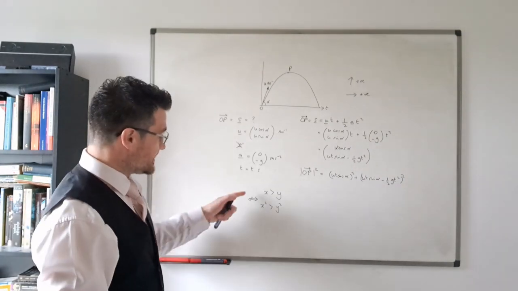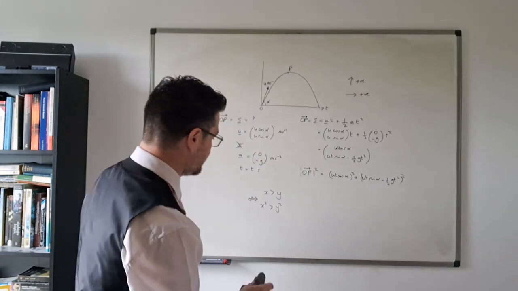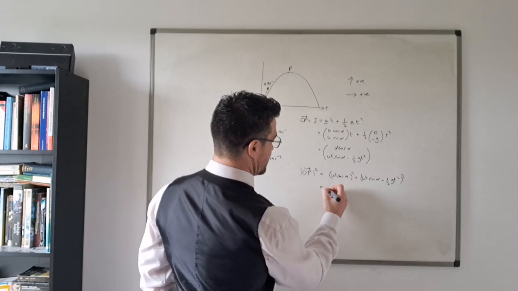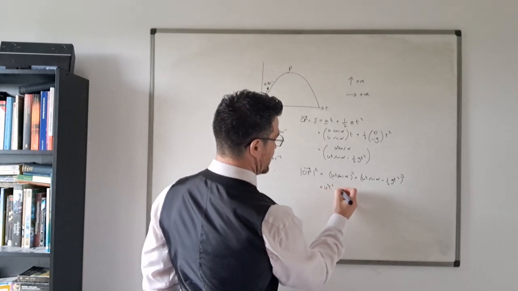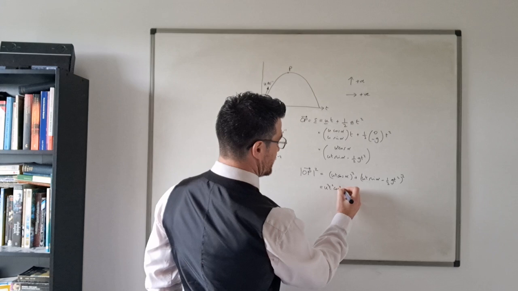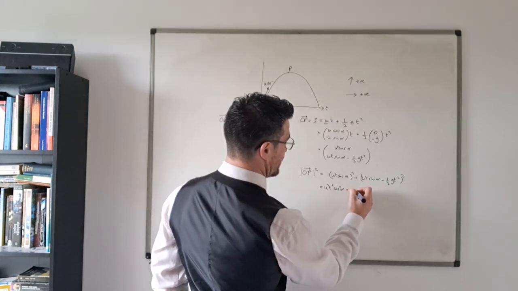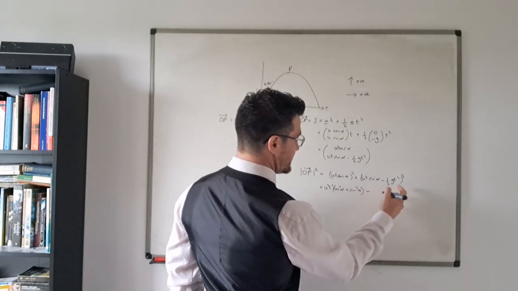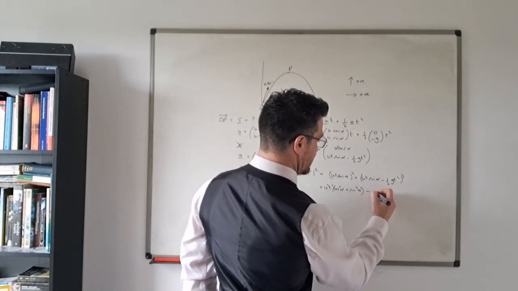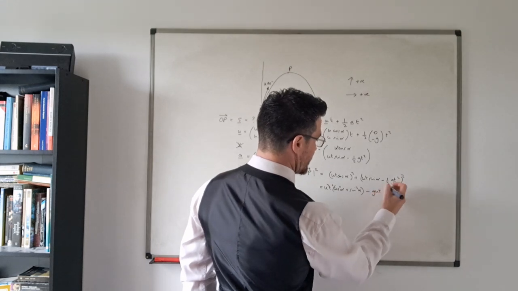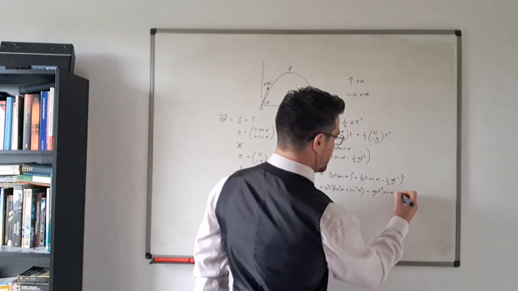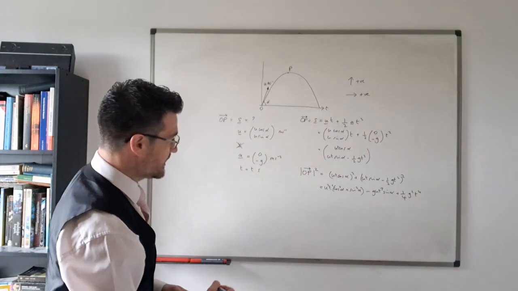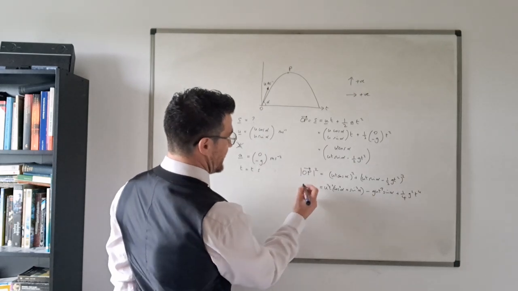So it's using this kind of idea. I can simplify this, and what I'm going to get is u squared t squared. I'm going to get cos squared alpha from here, and a sine squared alpha from there. So that gives us a nice simplification. Minus g u t cubed sine alpha plus a quarter g squared t to the fourth. There's various ways that I can write this.